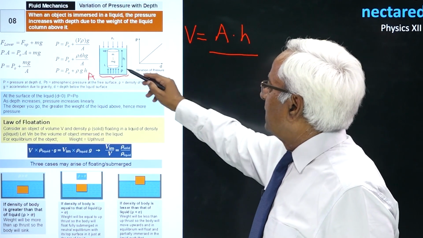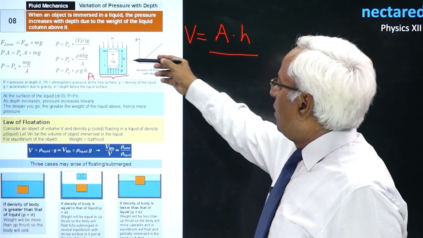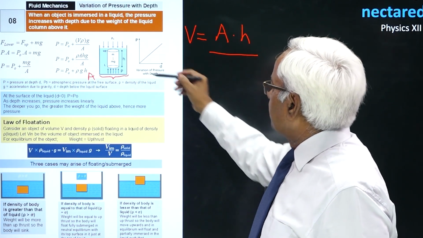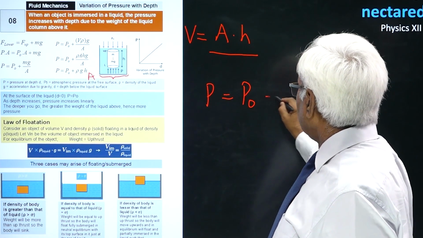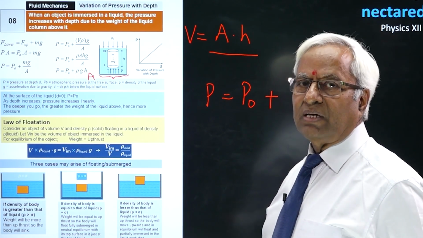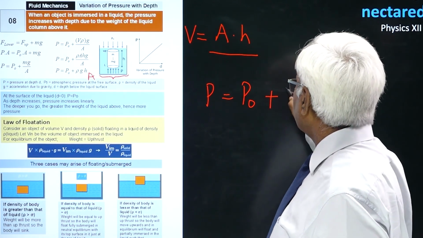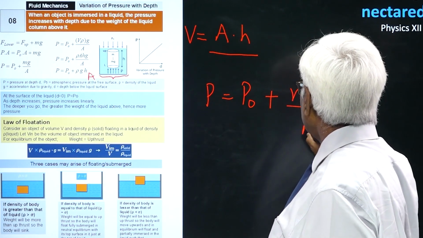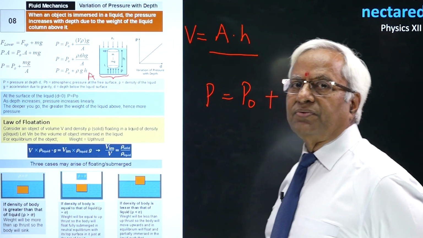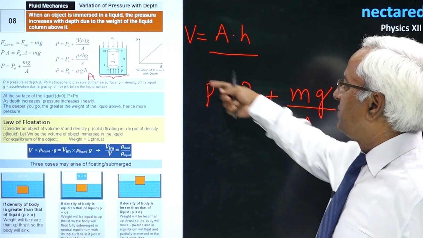Then you want to find the pressure at the bottom of this area that we have chosen. Pressure at the bottom is going to be that at the above surface, that is atmospheric pressure, plus mg upon A. This is the pressure because of the weight.